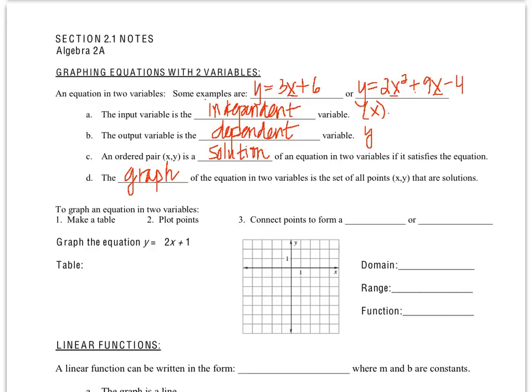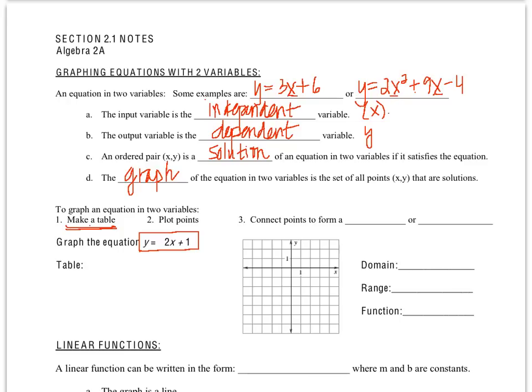Okay, now, if you don't have a graphing calculator, I apologize, you are going to have to make a table. If you have a graphing calculator, you can put your equation of y equals 2x plus 1 into your y equals menu, and that's on the top left-hand side of your calculator.